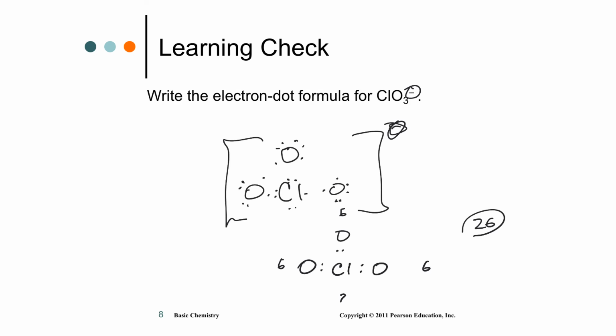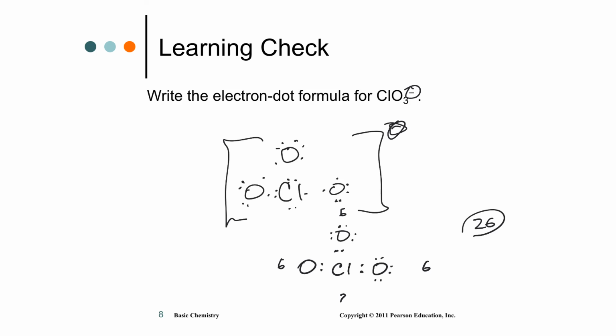So here's 2, 4, 6. All right. So here's 2, 4, 6. Now just start going around. Okay. 8, 10, 12. Now that oxygen is filled. 14, 16, 18.